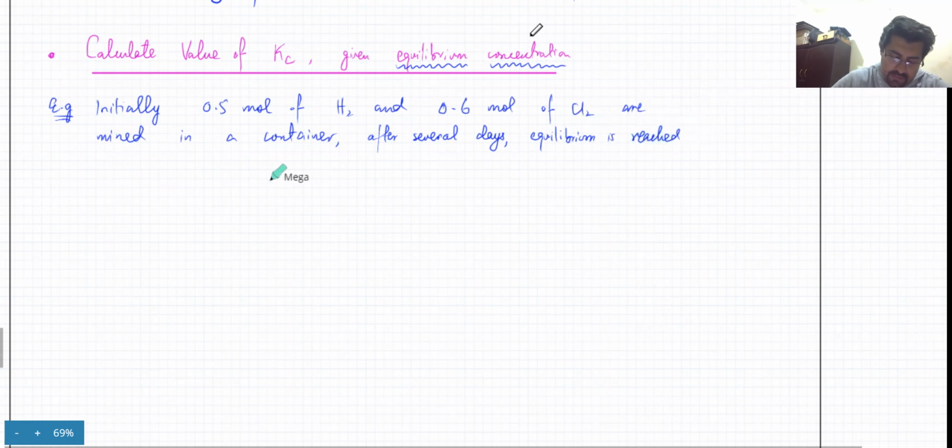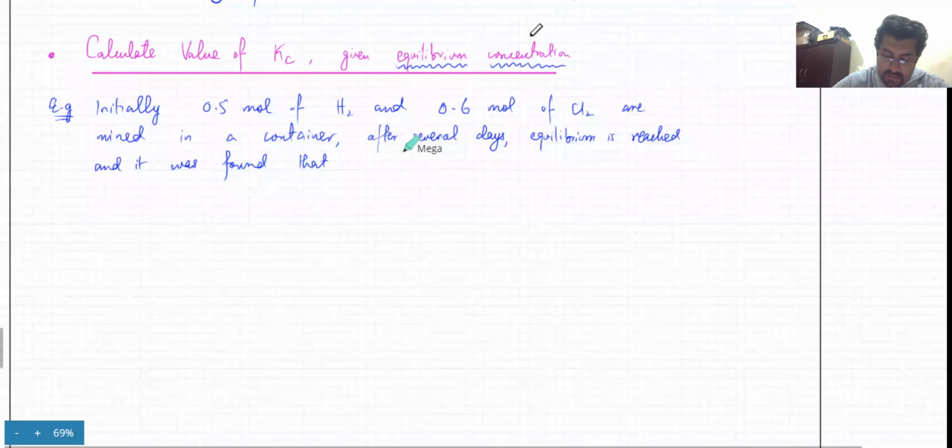Once equilibrium is reached, it was found that 0.3 moles of HCl was present.